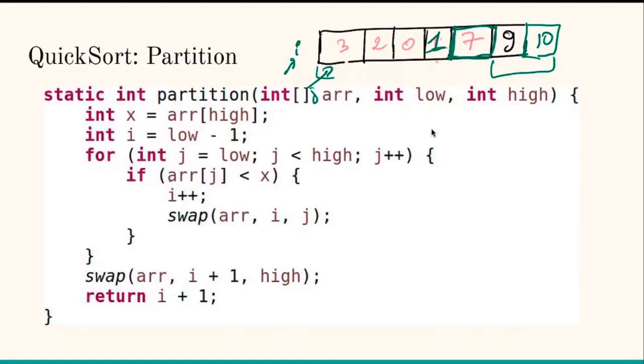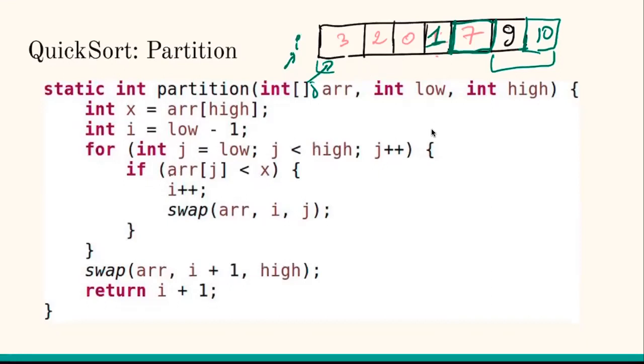We compare 3 and 1. This condition does not hold because 3 is not lower than 1. G moves there. 2 and 1, the condition does not hold. G will move here. 0 and 1, the condition holds. Okay, so what we do, we increment I.